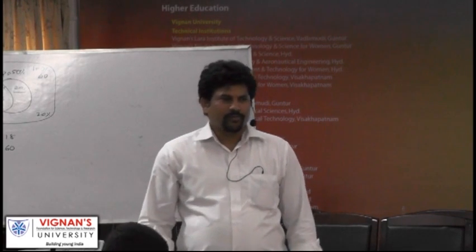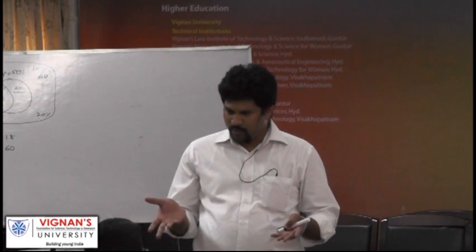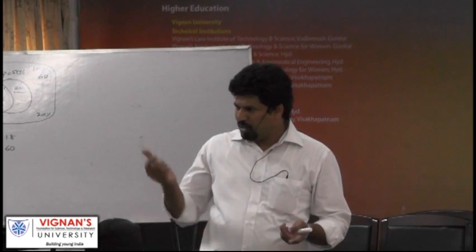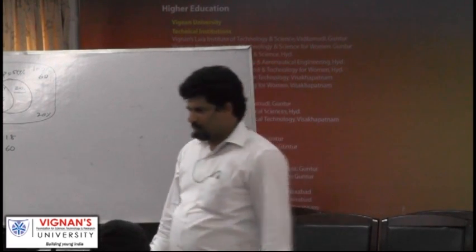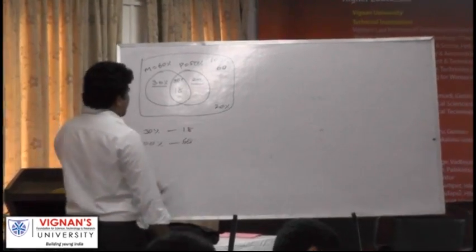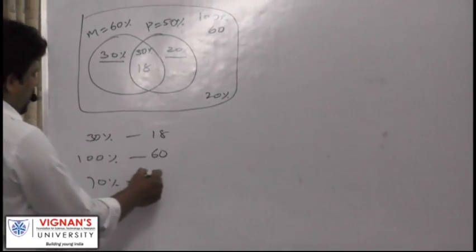Otherwise, exclude the 30%, those who passed in both the subjects. 100%, 30% passed in both. It means remaining 70% failed in at least one subject. So 70%. What is 70% of 60? 7 6s are 42.